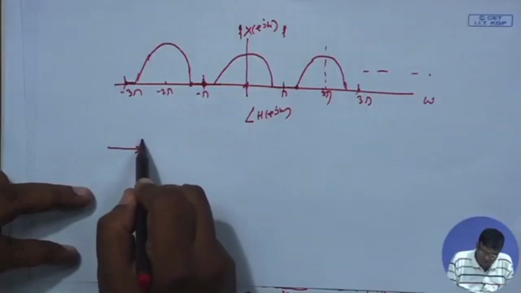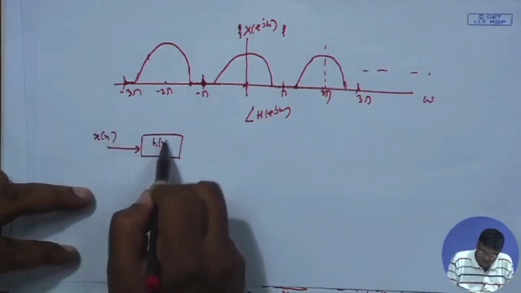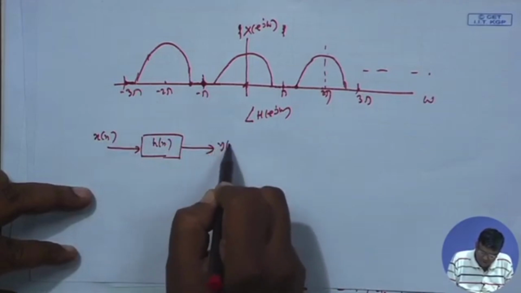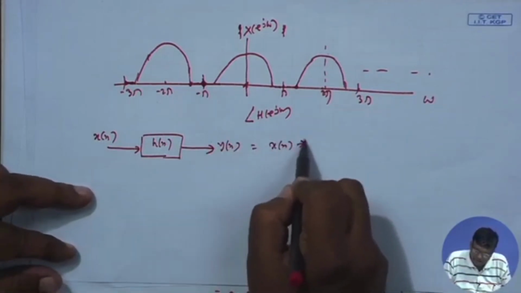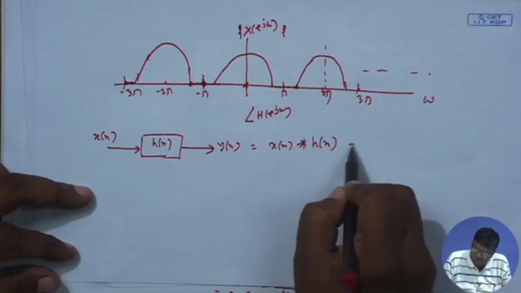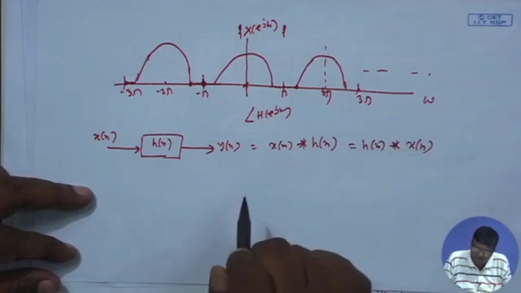Then another thing which you have already seen, that if there is a convolution, suppose x n convolved with h n, you get y n, that y n is x n convolved with h n, or equivalently h n convolved with x n.